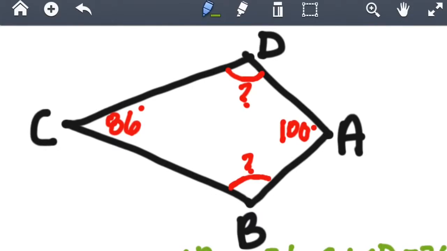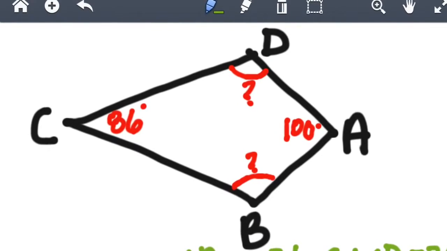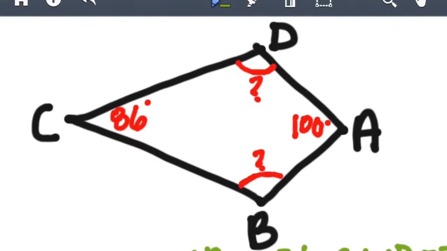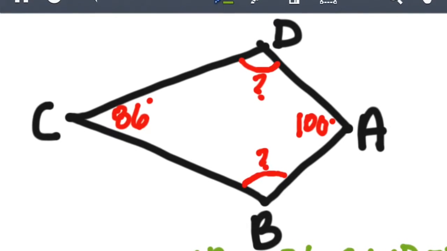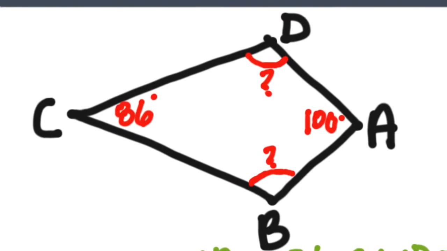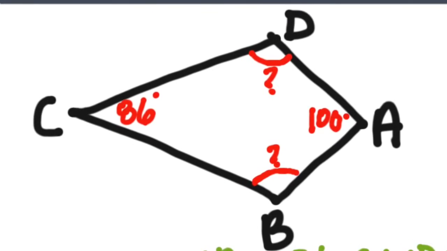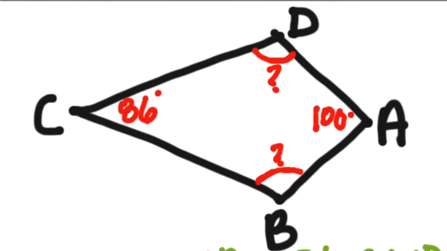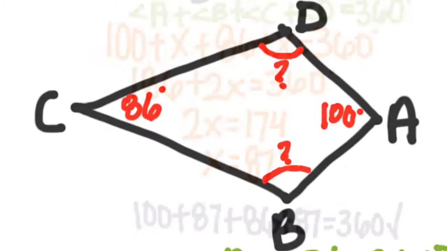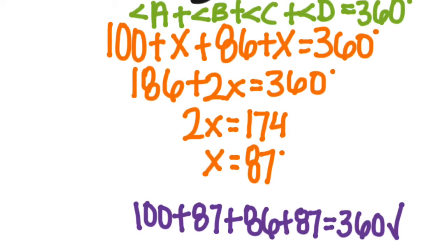Becky has several kites along her architecture carved into her walls. One of the kites has angle A 100 degrees, angle B unknown, and angle C 86 degrees, while angle D is unknown. We take the known angles and add them together, and we get 186.